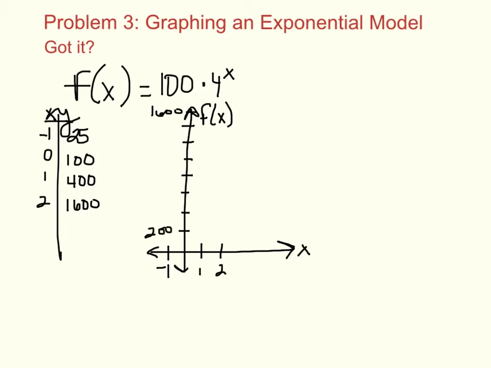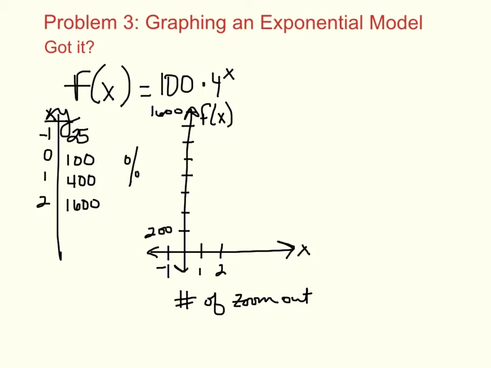So 200. So this down here represents the number of times you zoom out. And f of x is the percent of the original area.